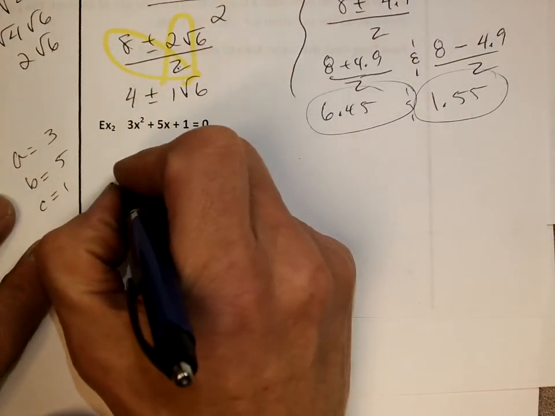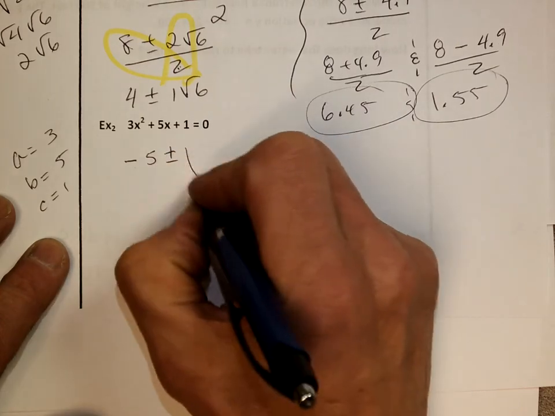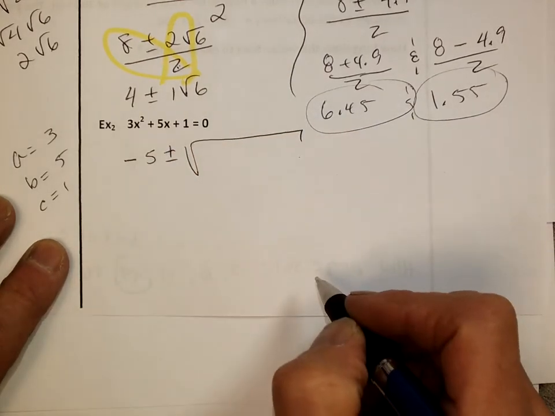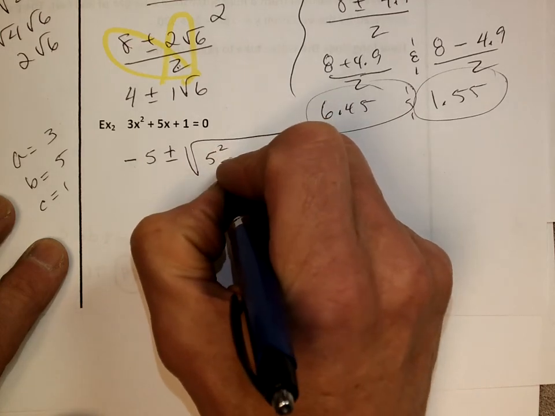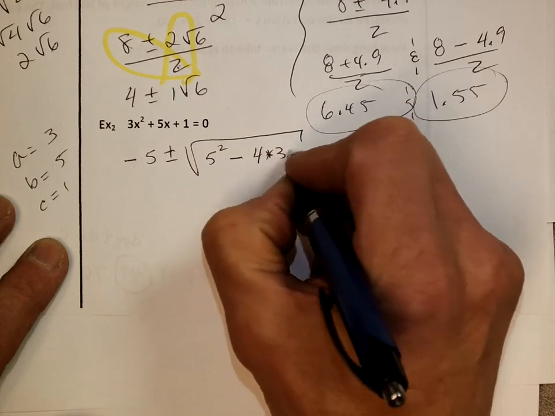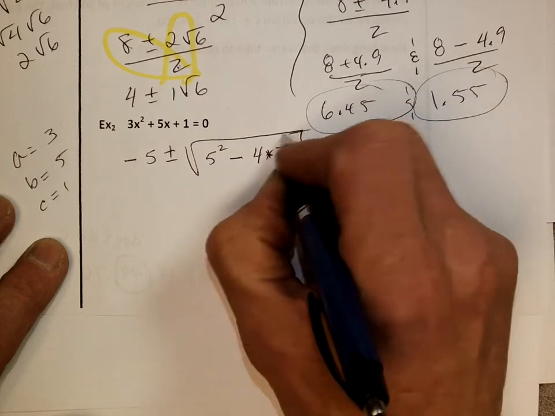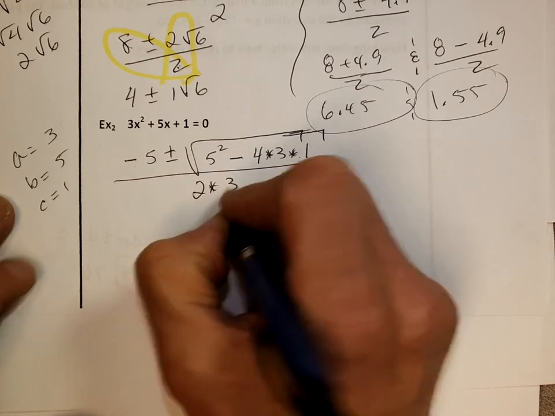Negative b, which is negative 5, plus or minus the big square root of b squared. So I've got 5 squared, subtract 4 times a, which is 3, times c, which is 1, all over 2 times a, which is 3, okay?